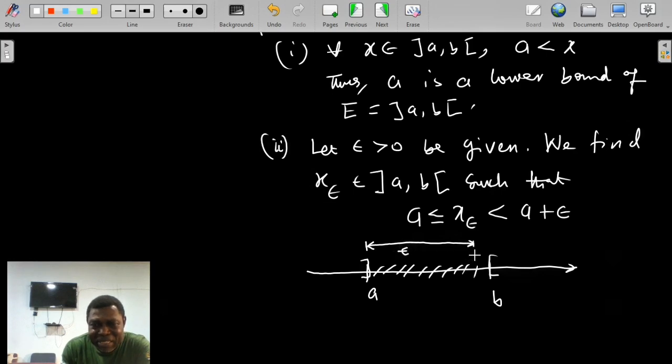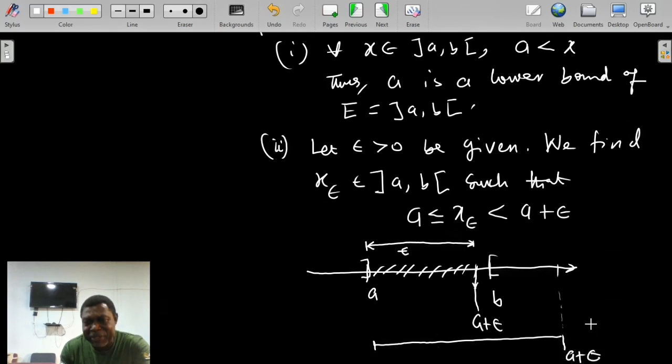So that if this is the case, then somewhere here will be A plus epsilon. Another possibility is that epsilon runs so large that it goes beyond B. In that particular case, somewhere here it will be, say, A plus epsilon.